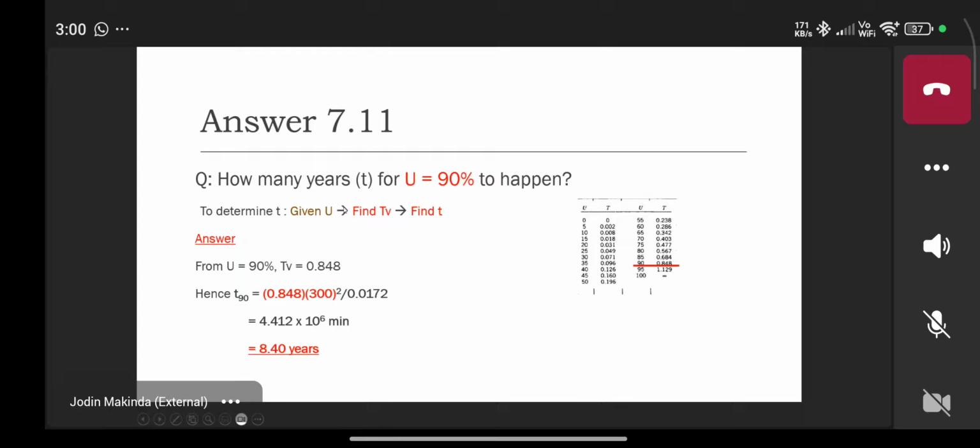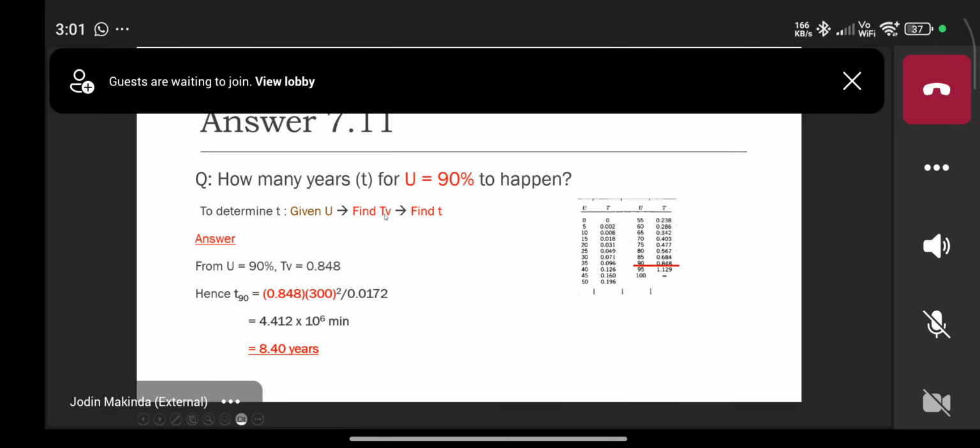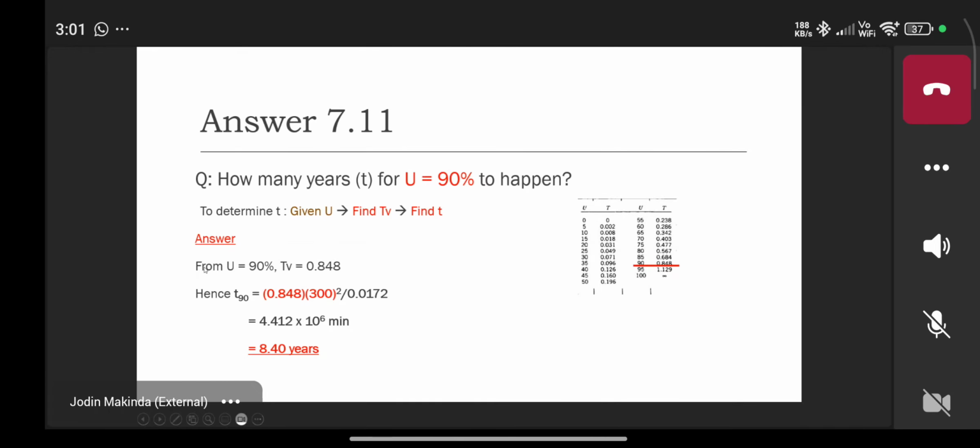If you are given U, find time factor TV using the table, then use TV to find T using the equation. For example, here is the answer. If U is 90%, from the table, look at the table on the right side. From the table, time factor is 0.484.